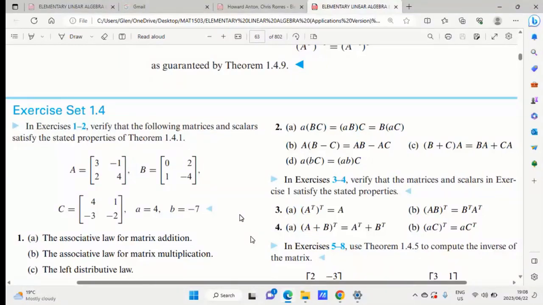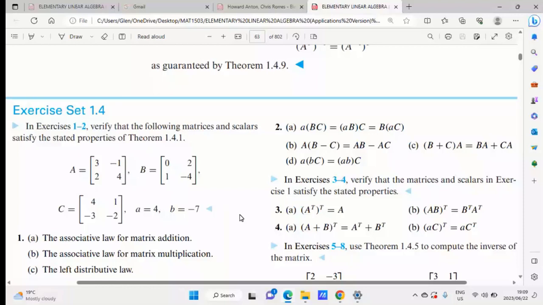So for us to agree once again, B plus C must give us a matrix with first row 4 and 3, second row negative 2 and negative 6. Yes, we agree.